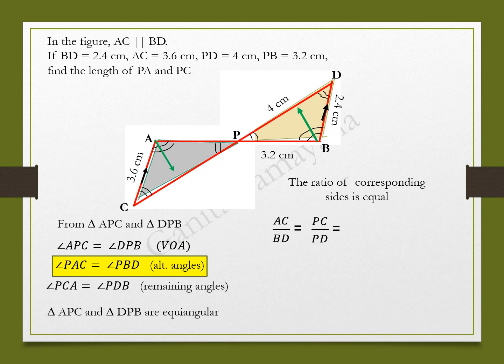This systematic way of writing you should follow, children. Don't mix them. Okay, if you mix, you will not get the correct ratio. Okay, all of one triangle must be in the numerator, another triangle must be in the denominator. For example, I cannot write here AC by BD equal to PD by PC. It has to be PC by PD.